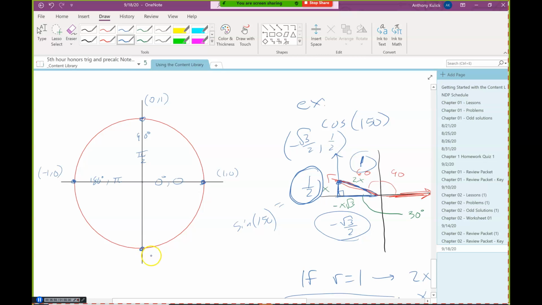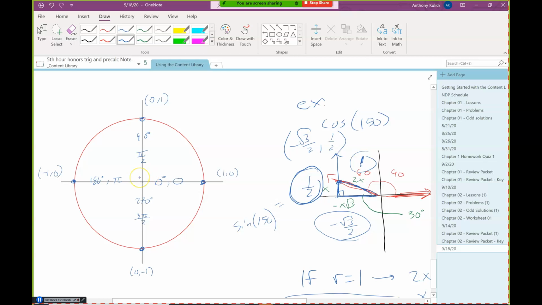And the point at the bottom is 0, -1, which is 270 degrees, or 3 pi over 2 radians. Everybody so far so good?